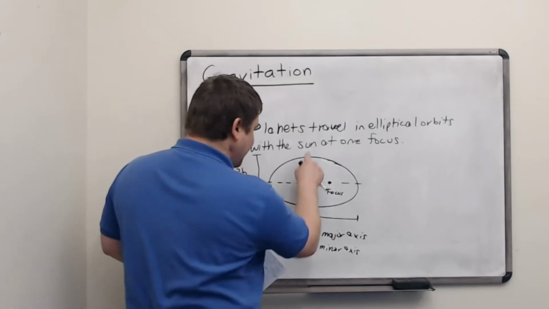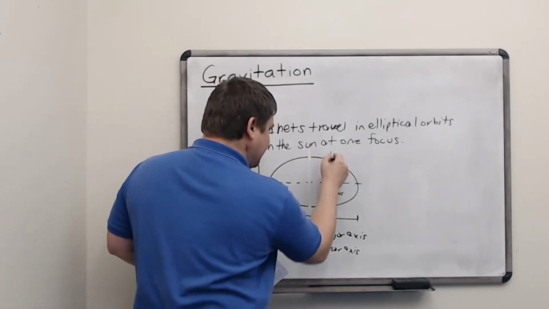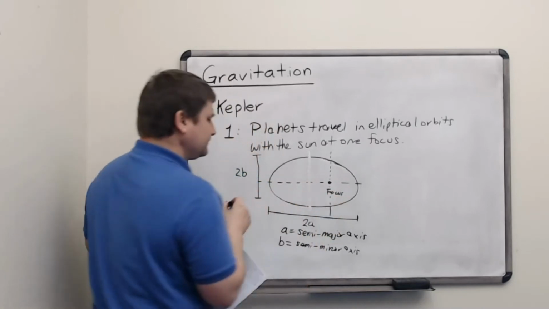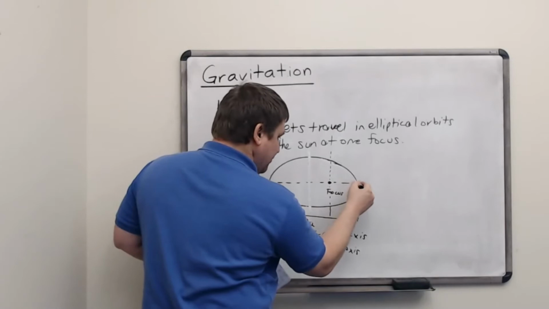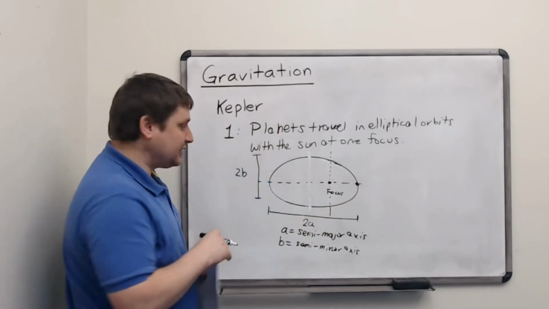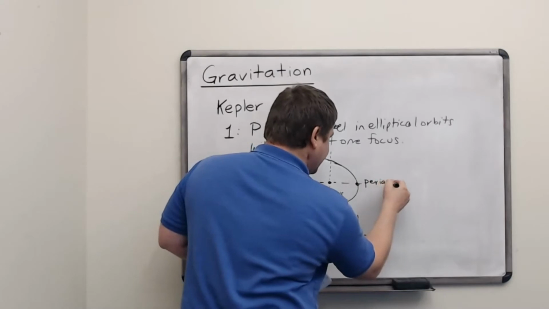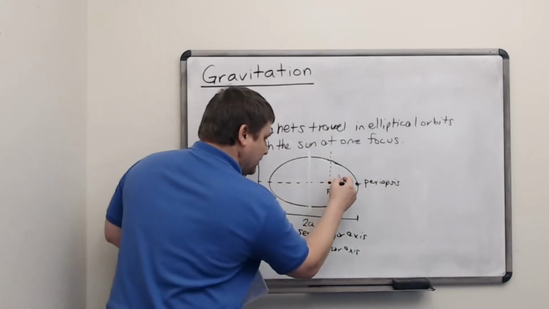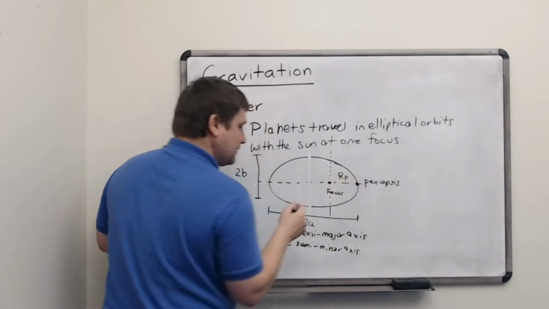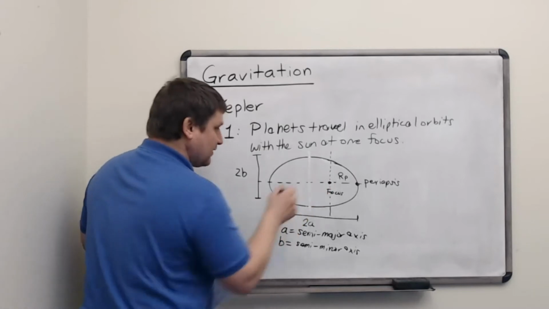Another important property of the ellipse: if we put the focus at the origin, we'll notice that the ellipse is not symmetric. There's a point here which is the closest to the origin. This is called the periapsis. And we'll label the distance from the focus to the point of periapsis as r sub p.